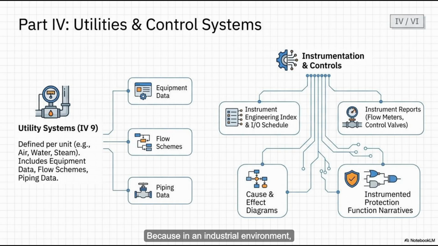Because in an industrial environment, HVAC is not about comfort, it is a life support system. Imagine there's a toxic gas leak outside in the plant. Okay, scary thought. The people are sheltering inside the control room. You need the HVAC system to instantly detect that gas outside and shut the intake dampers to seal the building. It needs to pressurize the room so gas can't leak in through the cracks. So the AC is basically acting like a submarine hatch. Exactly.